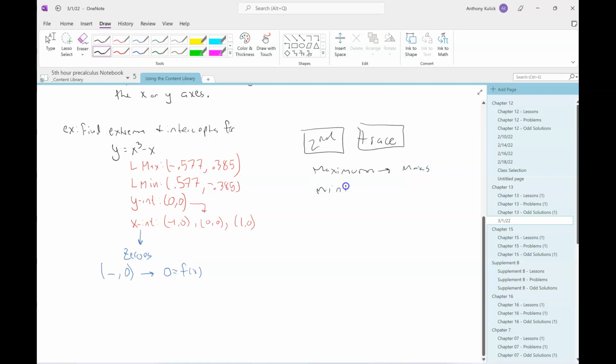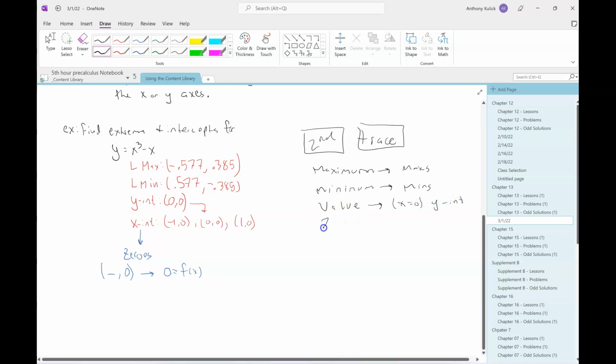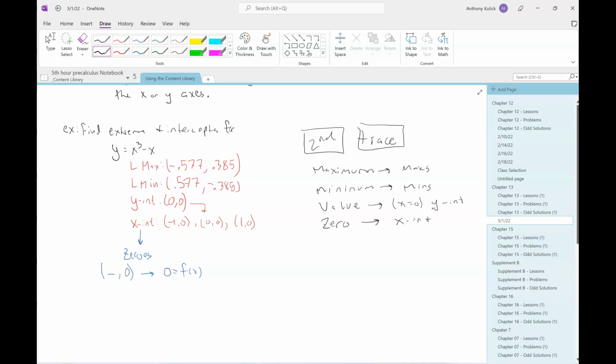We use the minimum command to get the minimums. We use value with x equals 0 to get the y-intercept. And we use the 0 command to get the x-intercepts. And all of that is under the calculate menu by pressing second and trace.